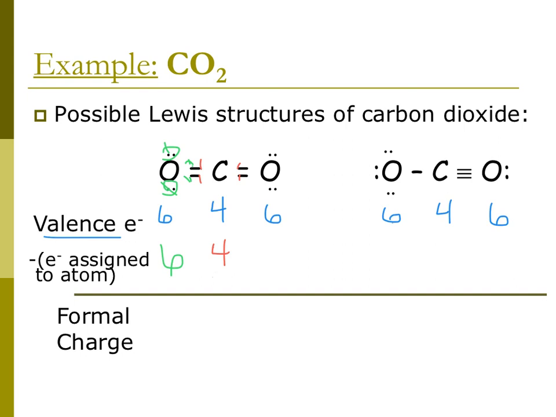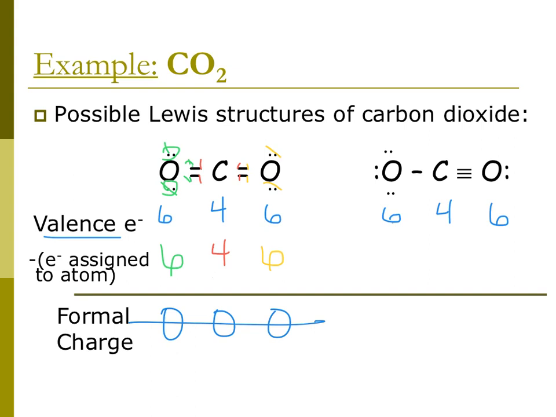Then for our other oxygen, we again would have access to 1 electron from each bond. We're up to 2, 3, 4, 5, 6 from our lone pairs, 6 electrons. And if you do this subtraction here, of course, 6 minus 6 is 0, 4 minus 4 is 0, and 6 minus 6 is 0. So the formal charge of a balanced carbon dioxide is 0 across the board.